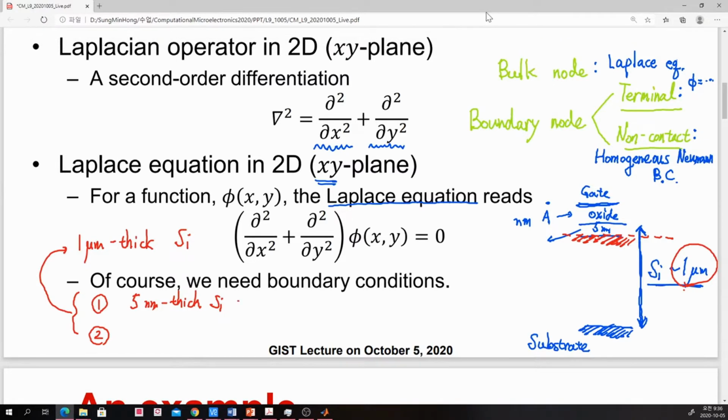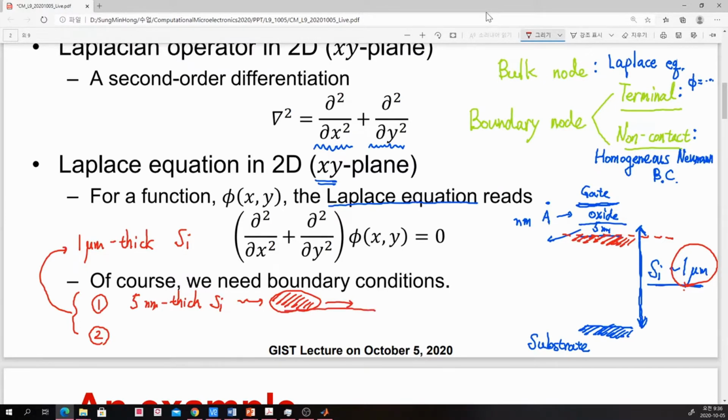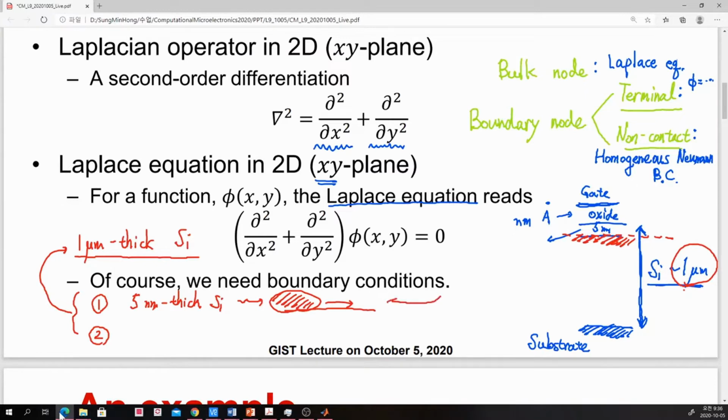The student solved it, got a certain result, and reported it. Do you think that this reported value can be valid for this 1 micrometer thick silicon? That is my question. What is your opinion about this approach 1, just introducing a small domain to improve numerical efficiency?